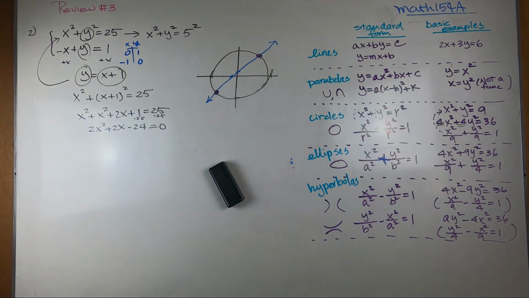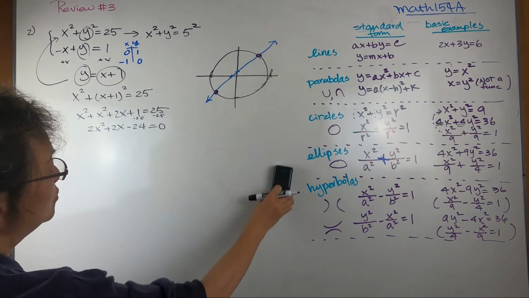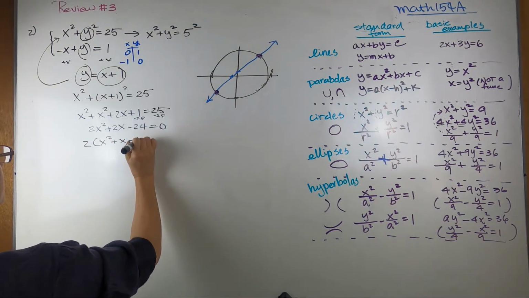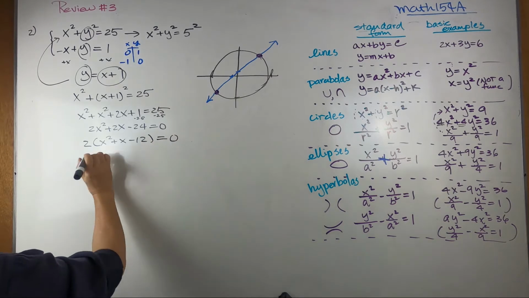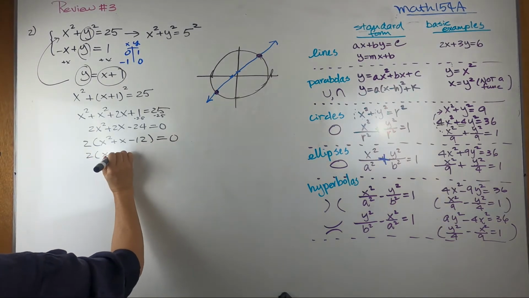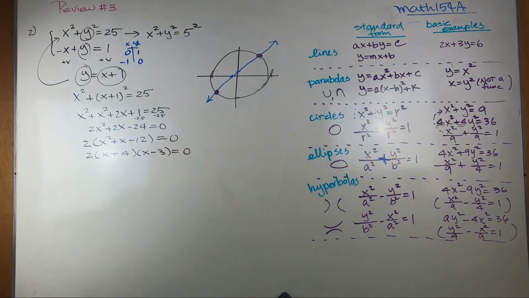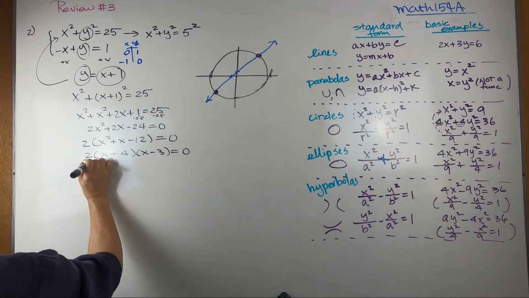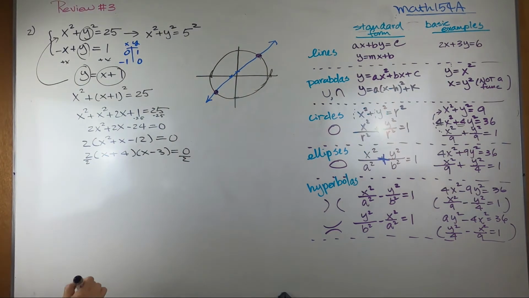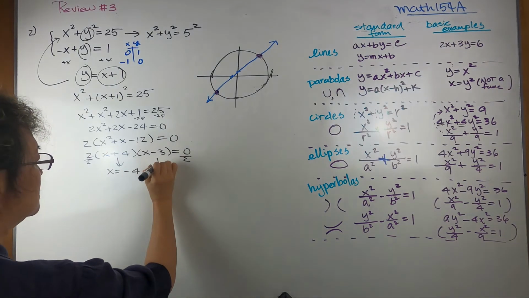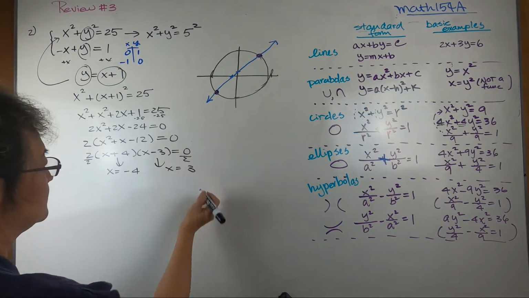Then a quadratic equation. You can use the quadratic formula, or you can just factor it, right? Then the 2 numbers that will work are plus 4 and minus 3. Then you just divide by 2. You can ignore that one because we are solving for the variable. X is what? -4, x is 3.